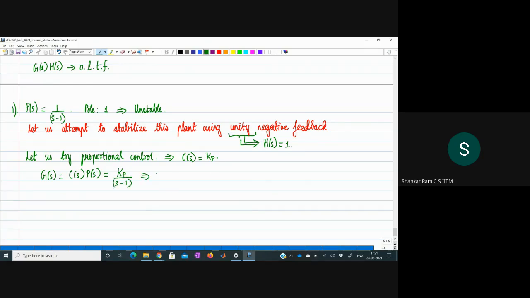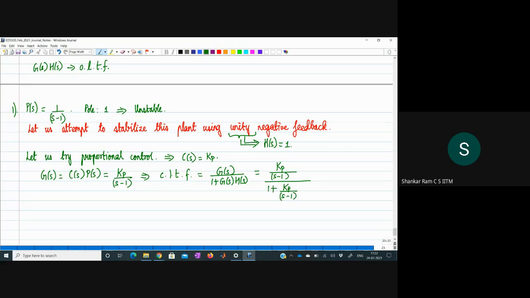Right? H of S is 1. So the closed loop transfer function is going to be equal to G of S divided by 1 plus G of S H of S. So that's going to be Kp divided by S minus 1 divided by 1 plus Kp divided by S minus 1.